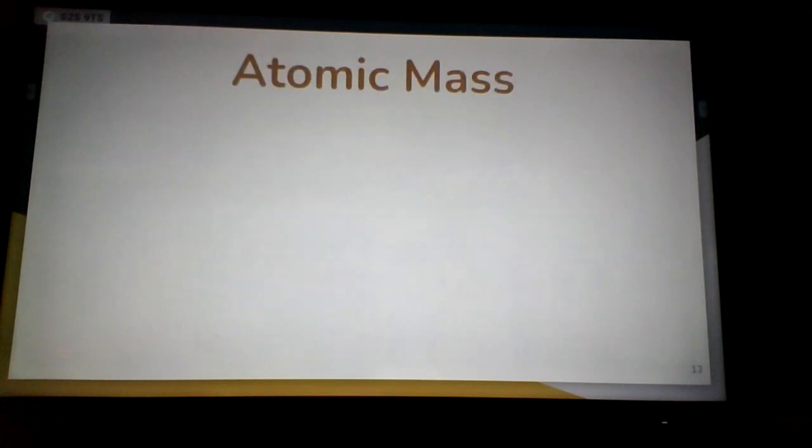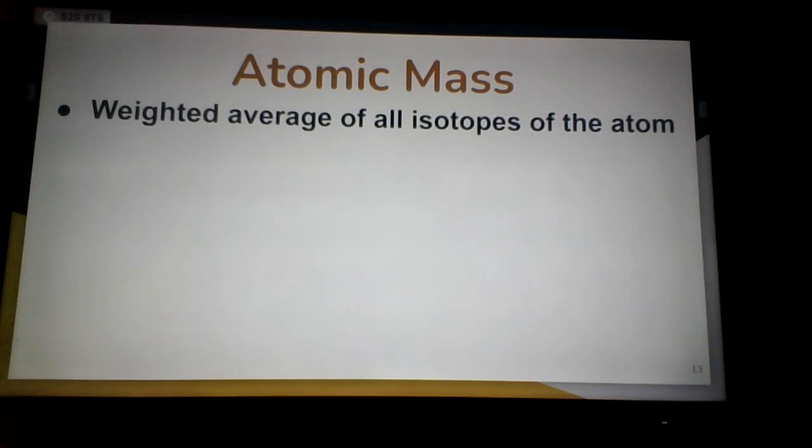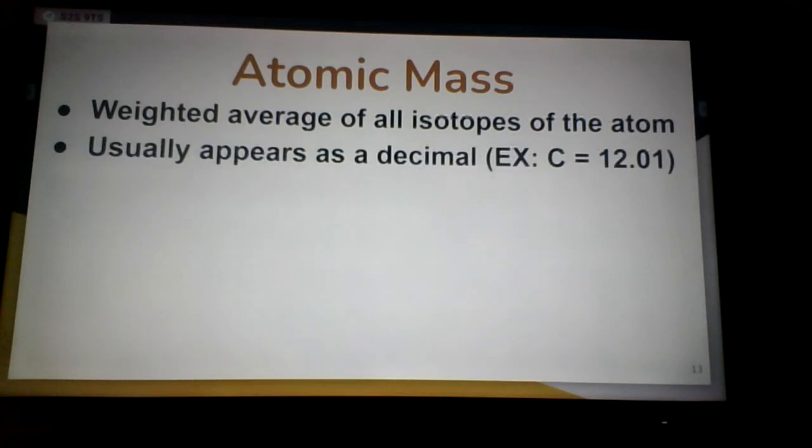Ready? Atomic mass, remember when we did the mass number, we simply added up the protons and the neutrons. But if you look at the periodic table, you see the mass written as a decimal. Must be a reason for that. In most of the boxes on the chart, that mass is a decimal. Here's an example. We mentioned carbon-12, 6 protons, 6 neutrons.